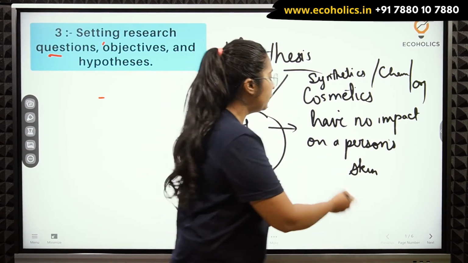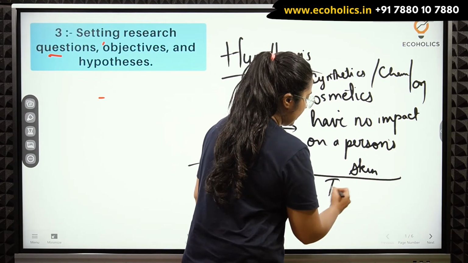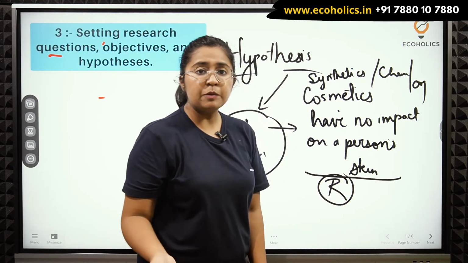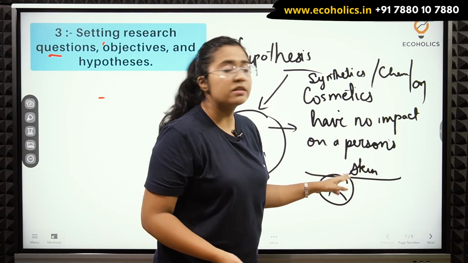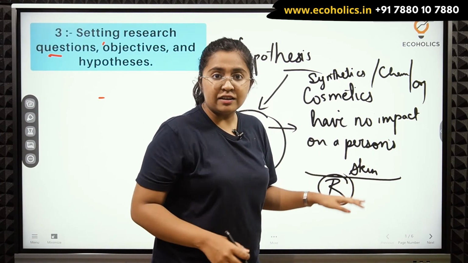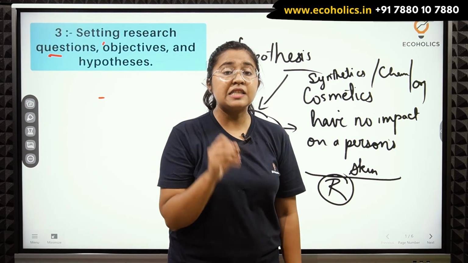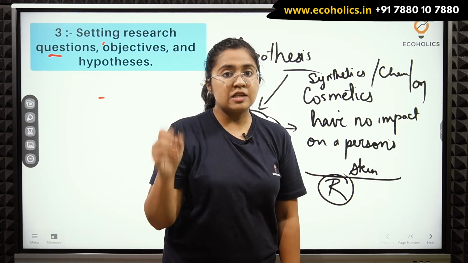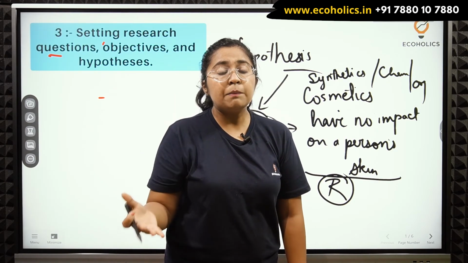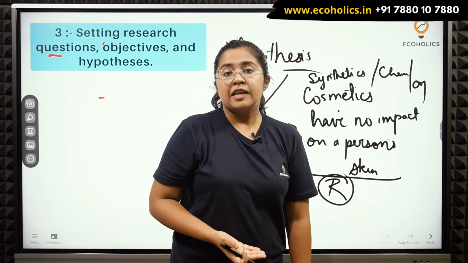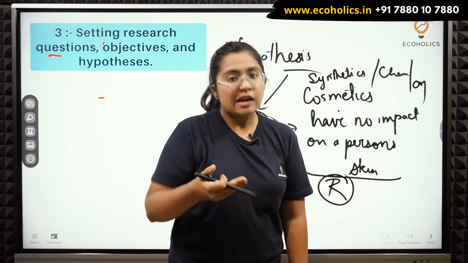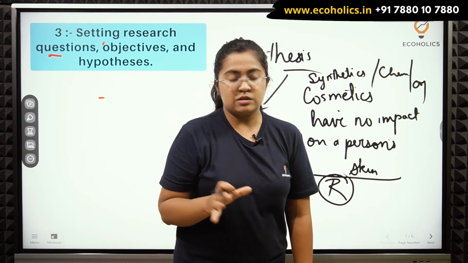So if, for example, this hypothesis is rejected, then what would it mean? If synthetic cosmetics have no impact on a person's skin, and this is rejected, it means that there is definitely some impact on the skin. Whether it is a favorable or an unfavorable impact, that is going to be written in the conclusion or the analysis of your research thesis.